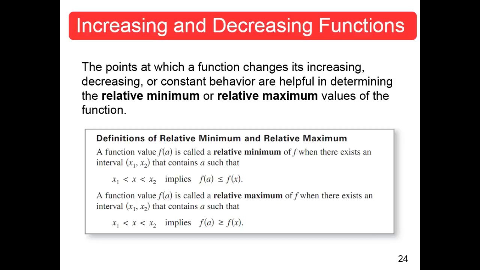And of course, that would be a relative maximum if f of a, relative maximum of f, on that same interval, x1 to x2, contains a such that for all x1 less than x less than x2 in that interval, every one of them, f of a is always greater than or equal to all those other x values. Okay? In other words, if it's a relative minimum, that's the lowest it is on that interval. If it's a relative maximum, it's the greatest it is.